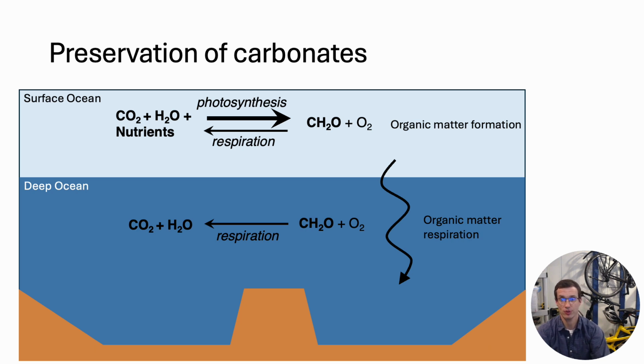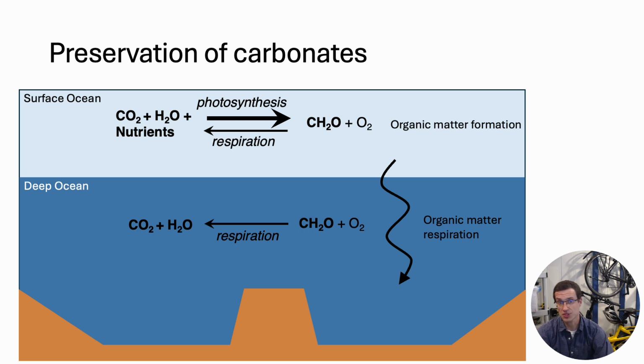So we've talked about the biological pump, where inorganic carbon, here written as CO2 plus water and nutrients, through photosynthesis produces organic matter formation. What we're going to be talking about is just CH2O as our example organic matter molecule. So produce organic matter and oxygen.